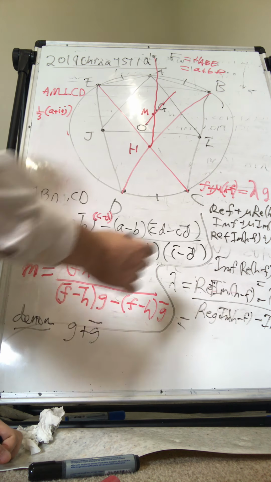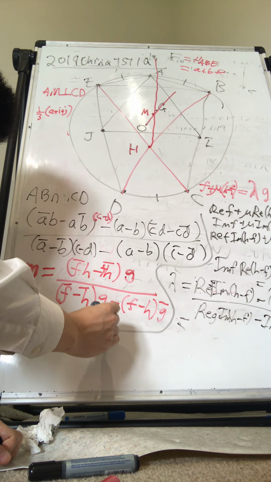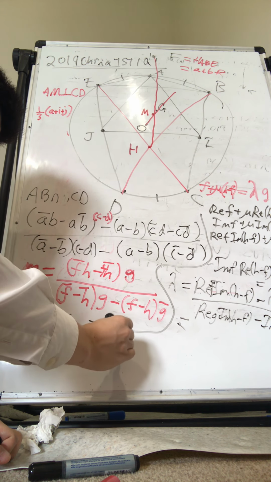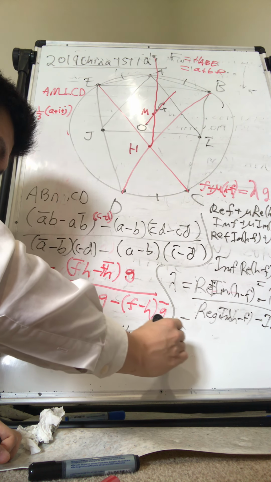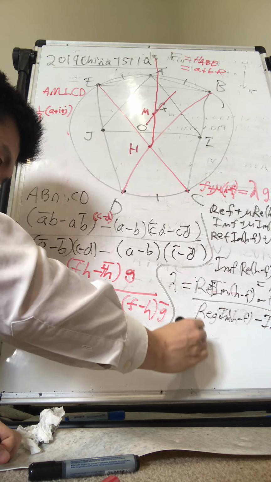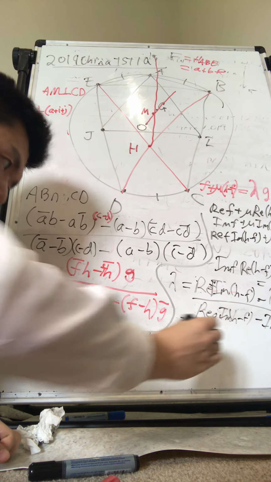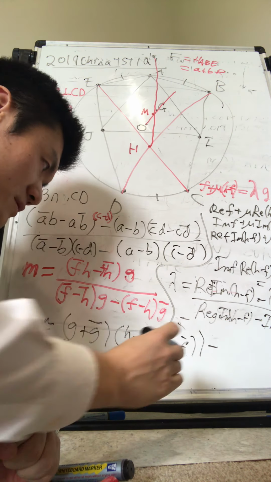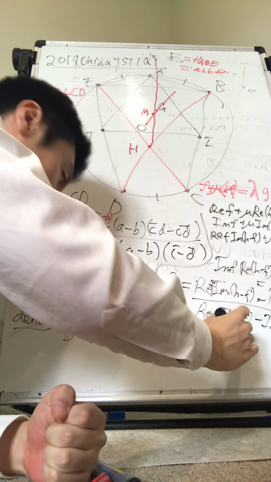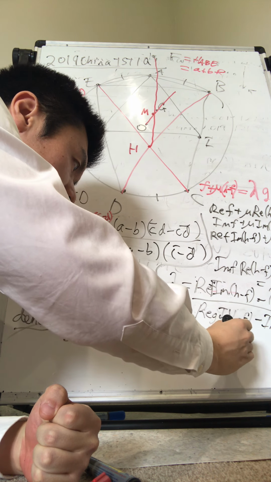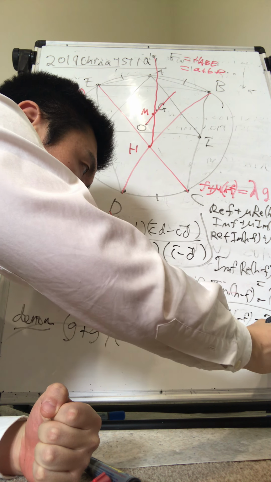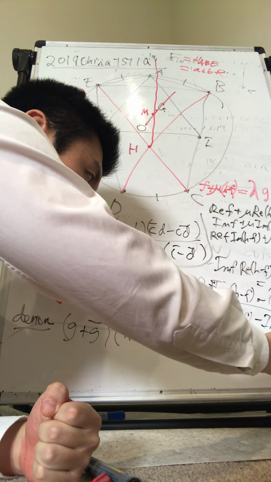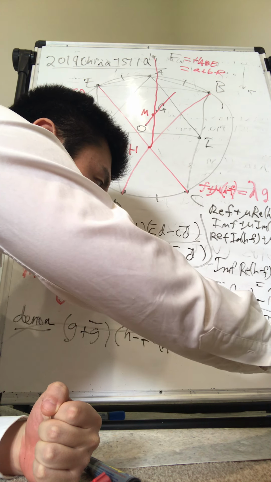They cancel with the top halves and each other. So g plus g bar, and then we have h minus f minus h bar minus f bar, yeah? Minus, so this is g minus g bar times h minus f plus h minus f bar, yeah?